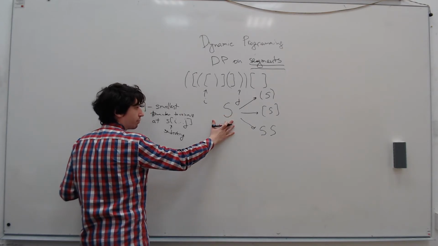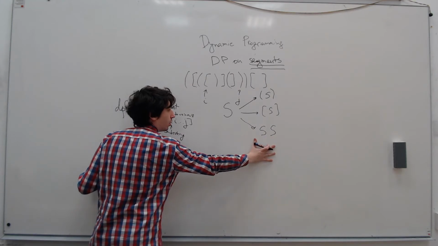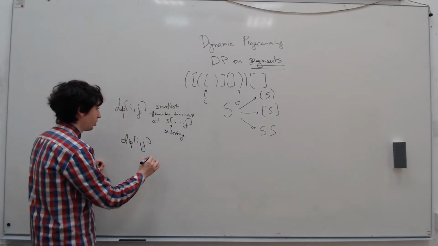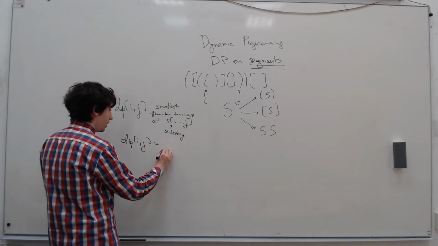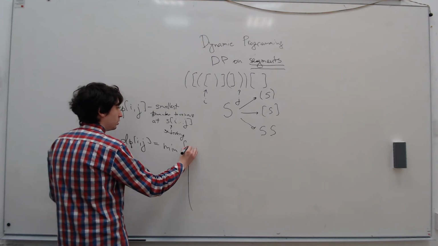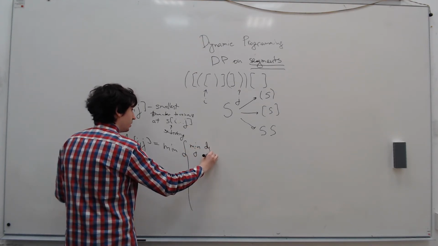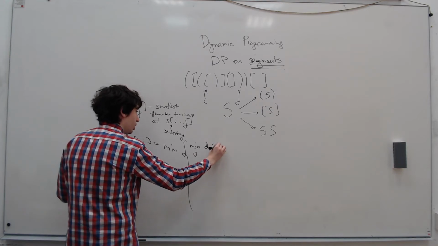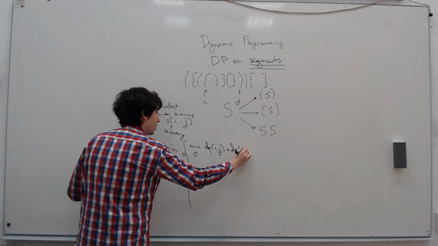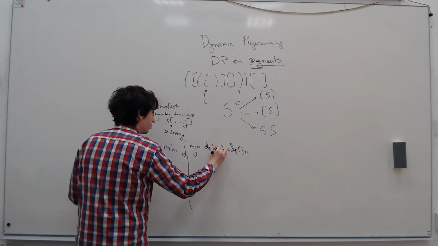You have a correct bracket sequence, and it is the concatenation of two bracket sequences. So dp[i][j] is the minimum over all the k's of dp[i][k] plus dp[k+1][j]. Oh, sorry, no, j, k.